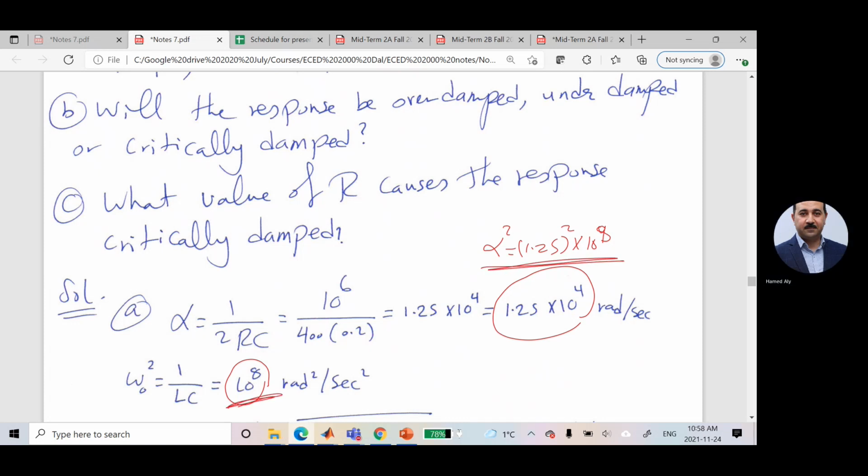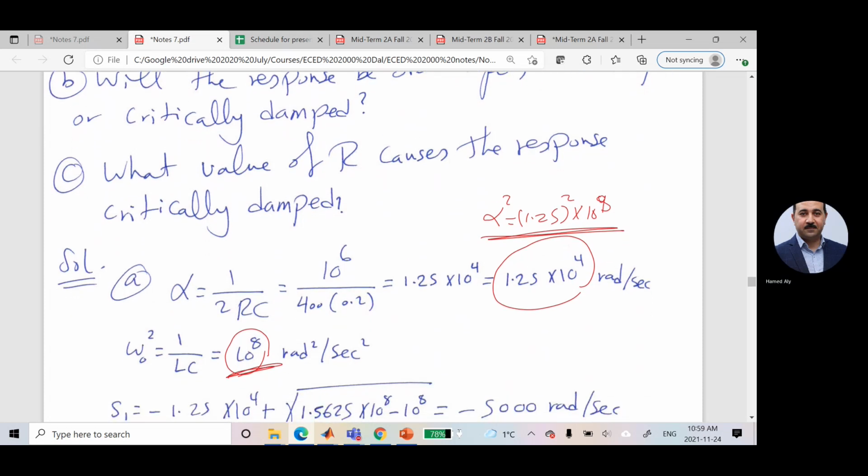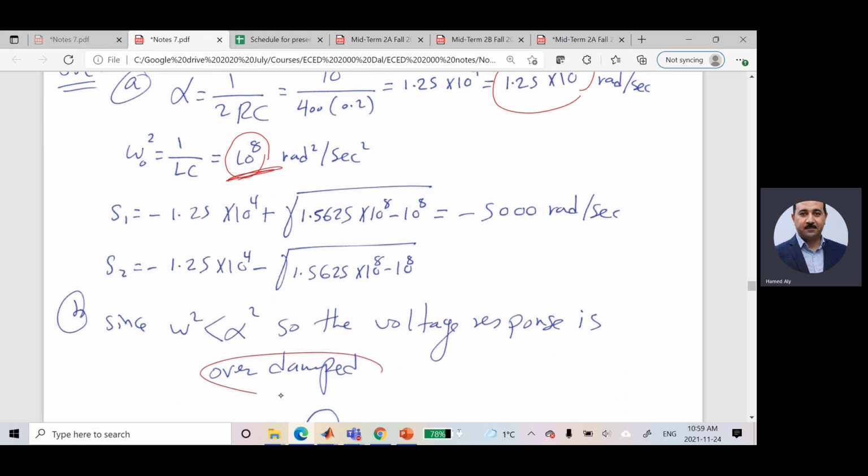Is alpha squared greater than omega squared or vice versa? Alpha squared is greater than omega squared. Based on that, which kind do we have? Yes, so based on that, I can say this is over-damped.